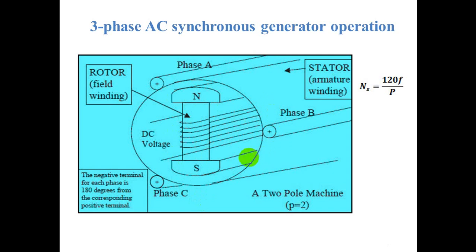So here, the rate of flux cutting by the conductors, as shown in this picture, is maximum, and current is induced in the conductor.